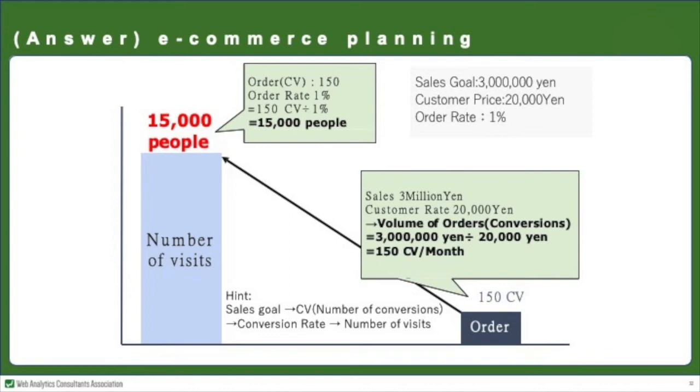Frankly, web analysts typically do not do strategy, but otherwise the report is not effective for the clients. Therefore, you have to understand the customer's KGI and KPI.